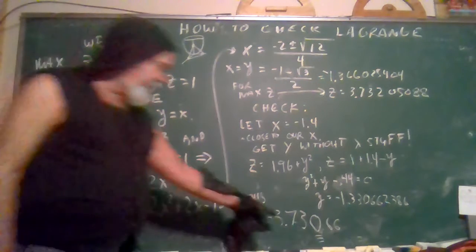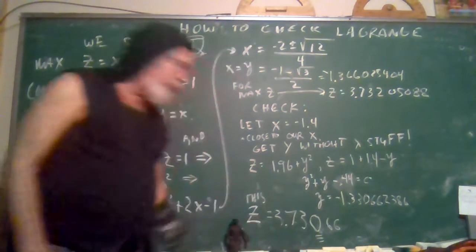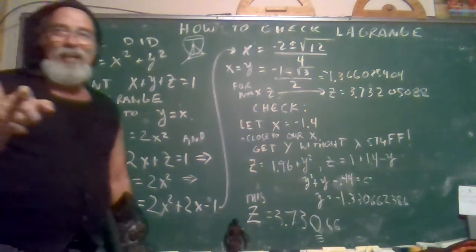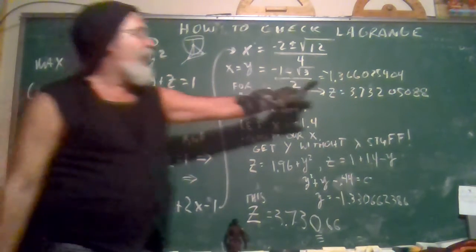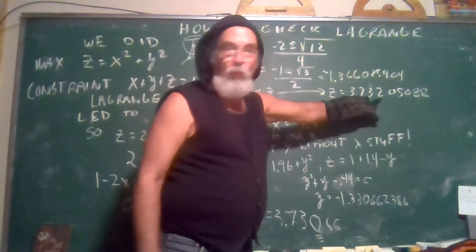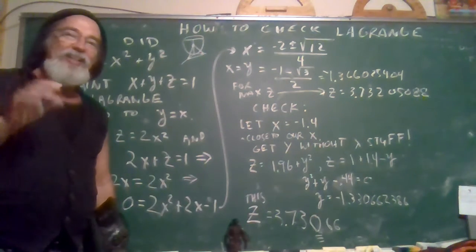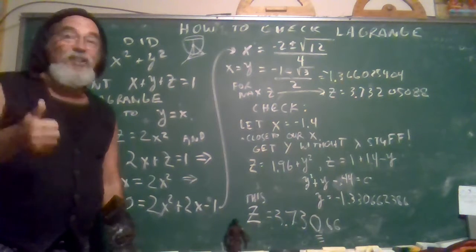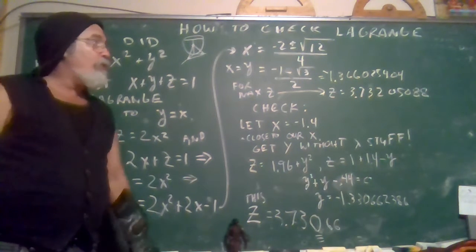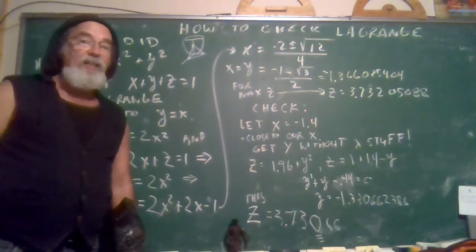And I got this z, and as soon as I wrote 3.730, I knew I had won the game because I had 3.732 before. Aha! I got a slightly smaller z. That's good evidence that z equals 3.7320588 is a max.